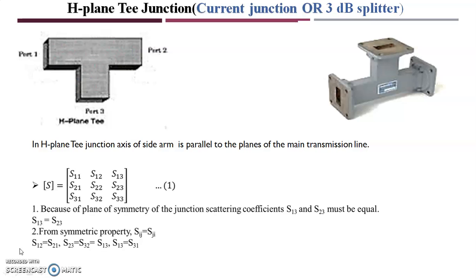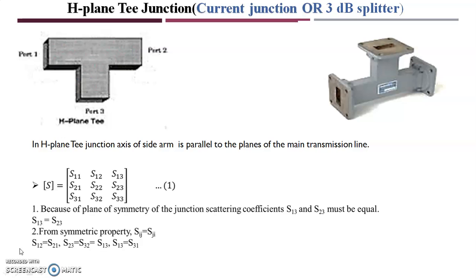S13 is a parameter related to ports 1 and 3, and because of the symmetry of the junction, S13 and S23 are the same. So we can write S13 is equal to S23, and from the symmetric property Sij is equal to Sji, as discussed in the last class, S12 is equal to S21, S23 is equal to S32 is equal to S13, and S13 is equal to S31.